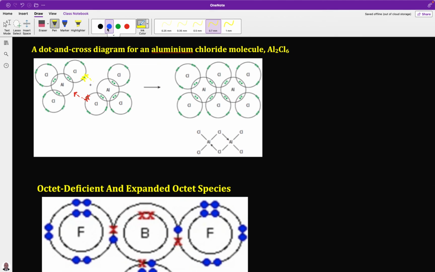So in that case, you will see that the lone pair of electrons has been donated here by chlorine. Here, this is it. And on the other hand, the other one here was donated here by this other one too.